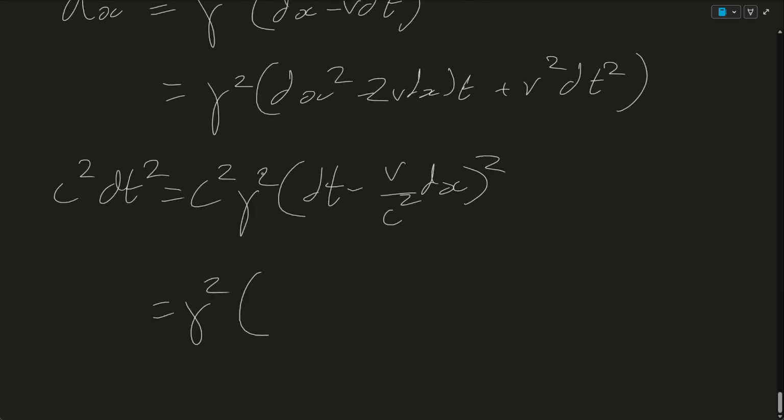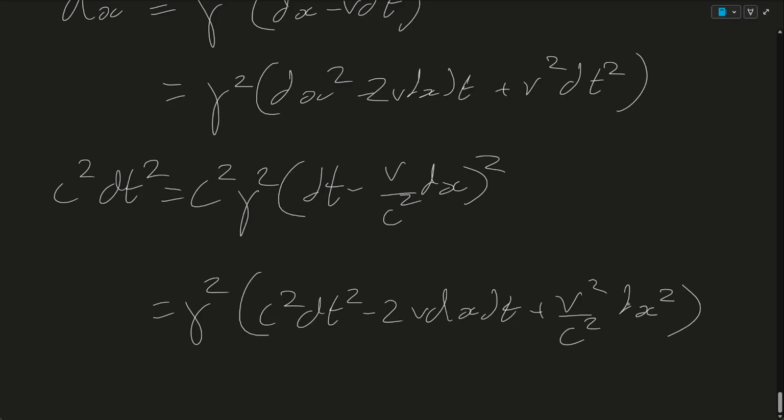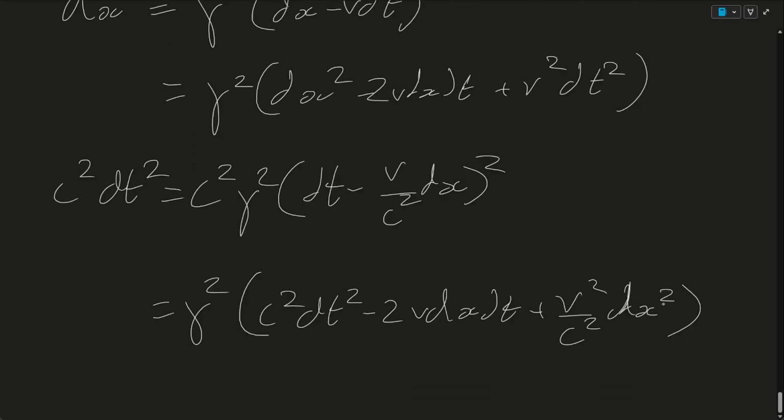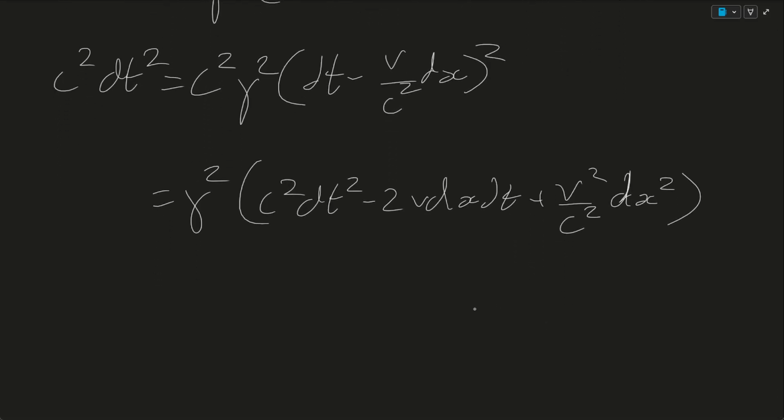I'm going to pull c squared in because it'll cancel with things: c squared dt squared minus 2v dx dt plus v squared over c squared dx squared. Nice. That was a bit ugly.